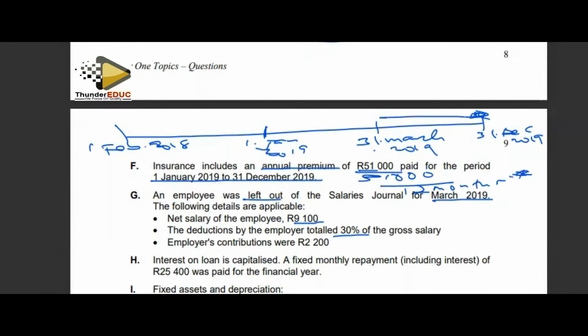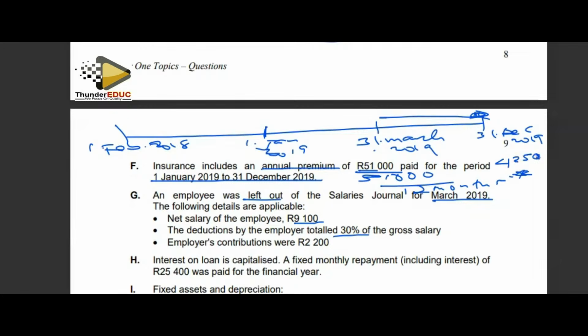This one gives us 4,250. When I divide, that's what I'm getting. Sorry, we don't have enough space here, but I'll fix my calculations. Don't worry. So we are getting 4,250 for 1 month.